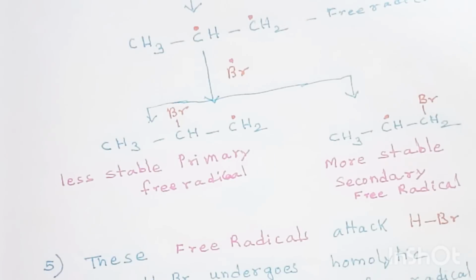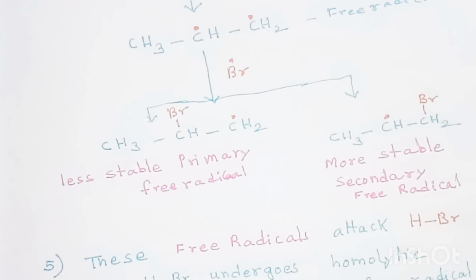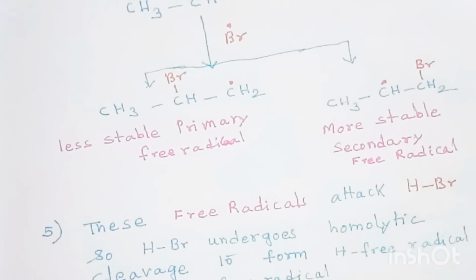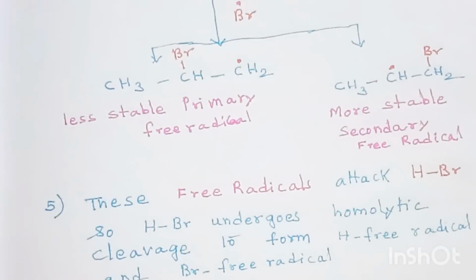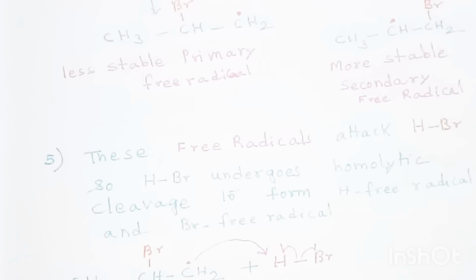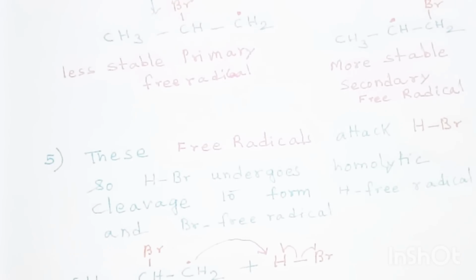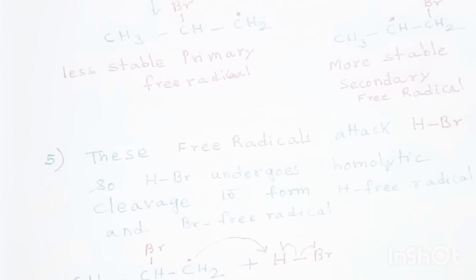So let us take this primary free radical CH3 CHBr CH2 radical. This primary free radical attacks HBr. So we get H radical and Br radical. Now the hydrogen radical will get attached to this primary free radical.